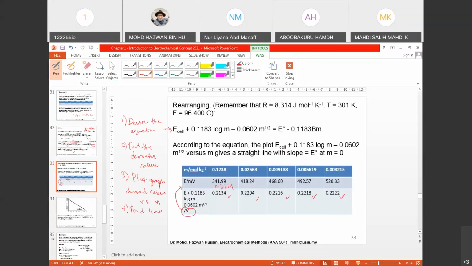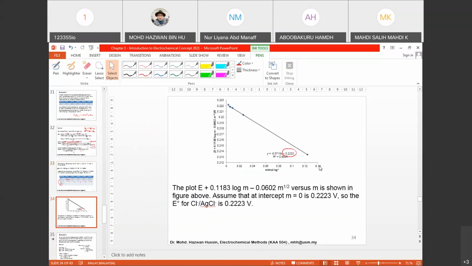After you have found the linear equation, you assume that the concentration is at 0. So when the concentration is 0, x equals 0, so multiplied with 0, this part is 0, then the potential value will always equal the y-intercept.